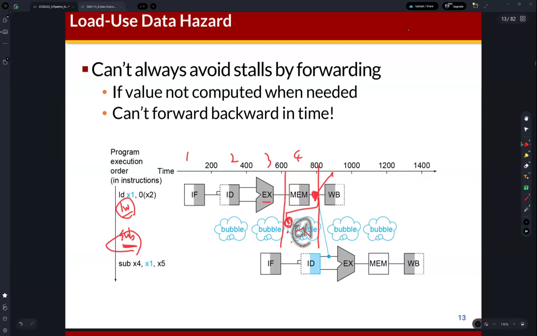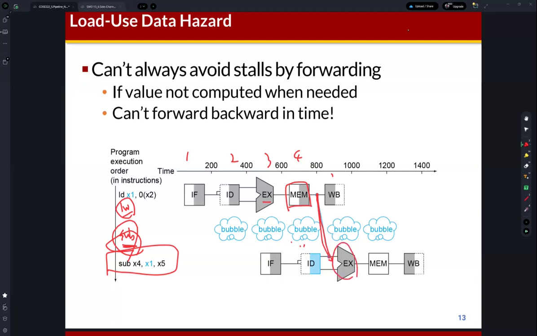So in this case, we need to stop this sub instruction for one cycle. Then the sub instruction needs to be here. So in this case, the result of the load instruction can be forwarded to the input of the ALU. But the sub instruction needs to wait for one cycle.